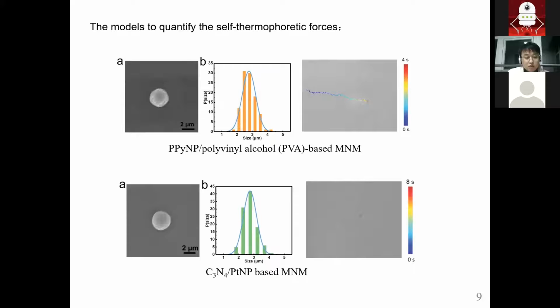Among others, the carbon nitride-based micromotor moves exclusively based on self-diffusiophoresis, as in the movie below. You can see it only exhibits positive phototaxis.